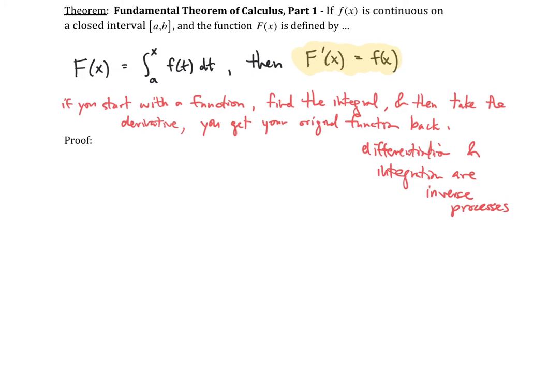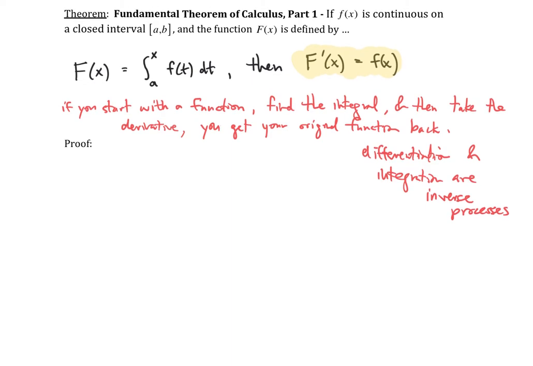The conclusion involves the derivative of capital F, so I'm going to have F prime of x, and I'm going to use the definition of the derivative. It is the limit as h goes to 0 of capital F of x plus h minus capital F of x, all divided by h. We can write out what each of those pieces are.